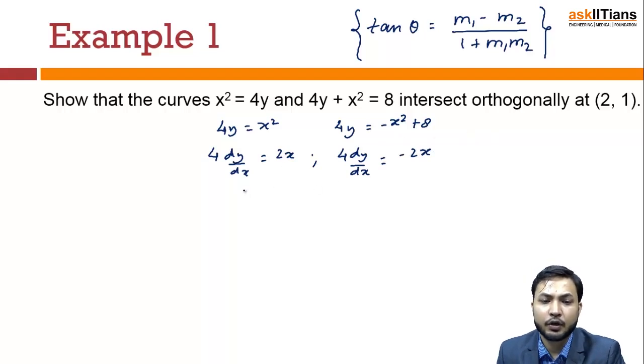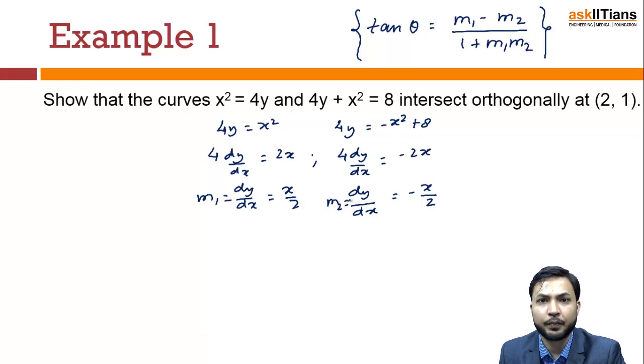From here I have dy by dx equals x by 2, and over here I have dy by dx equals minus x by 2. Simple. Now this becomes my m1 and this one becomes my m2, the two slopes. Now m1 into m2 is equal to how much? Let's do that, and I get that it becomes minus 1.